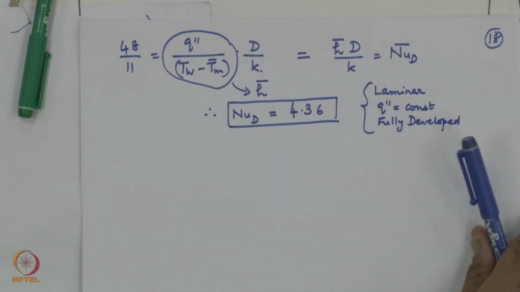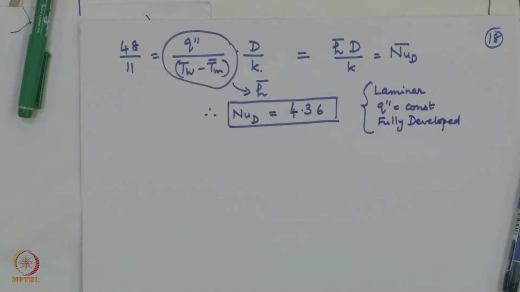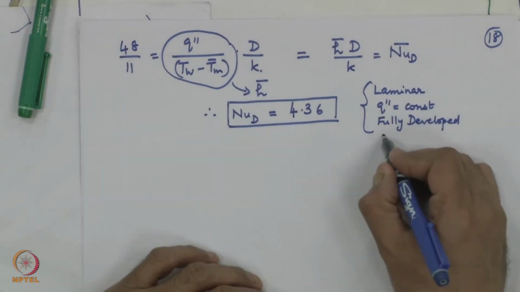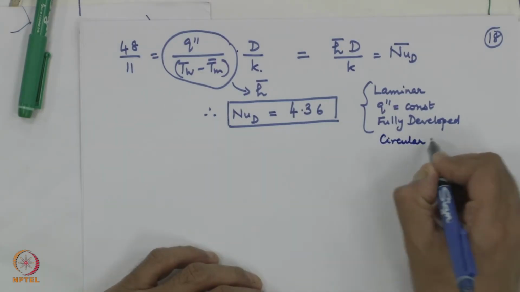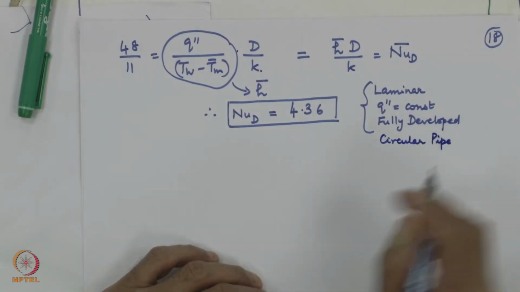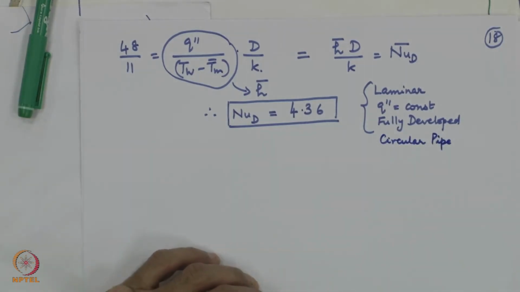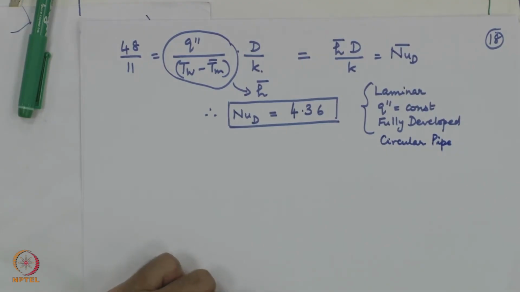We also said that the second derivative of temperature in the flow direction is much smaller compared to d squared T by dr squared. Then we had the other assumptions from the hydrodynamics. With all these assumptions, the Nusselt number for fully developed laminar flow through a circular pipe subjected to constant wall heat flux condition came out to be 4.36.